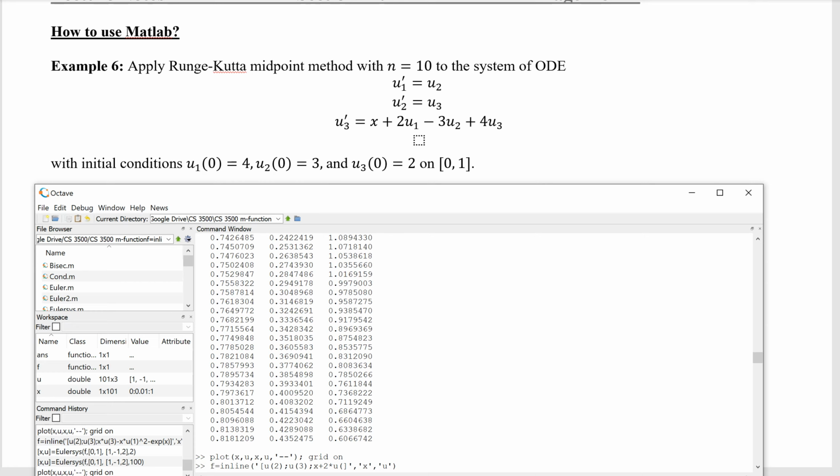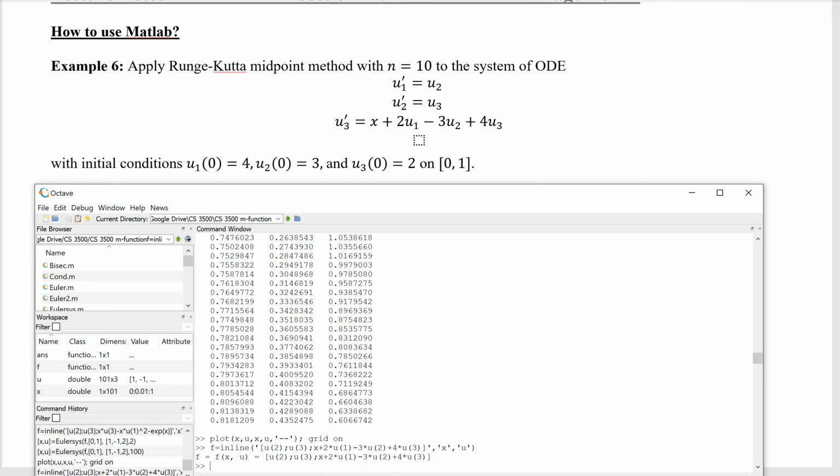We do U parentheses 1 minus 3 times U parentheses 2 plus 4 times U parentheses 3. Okay, so that is F, and then we do the syntax. We're gonna do 10 steps.